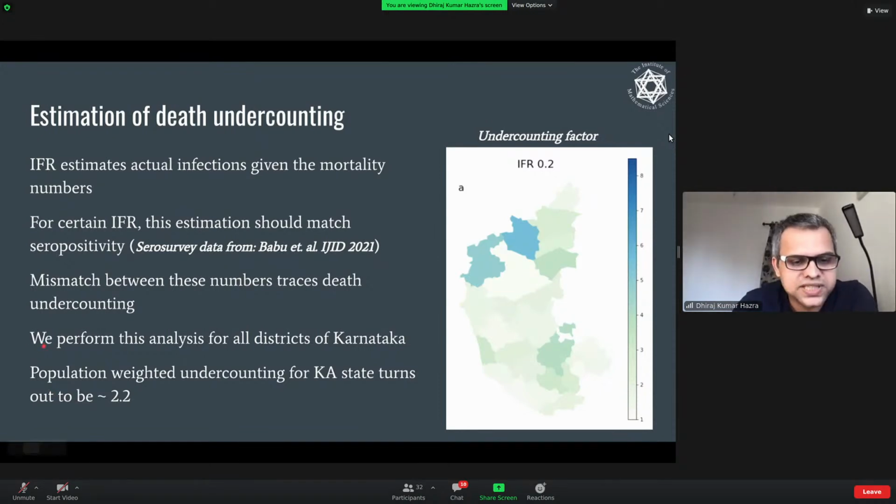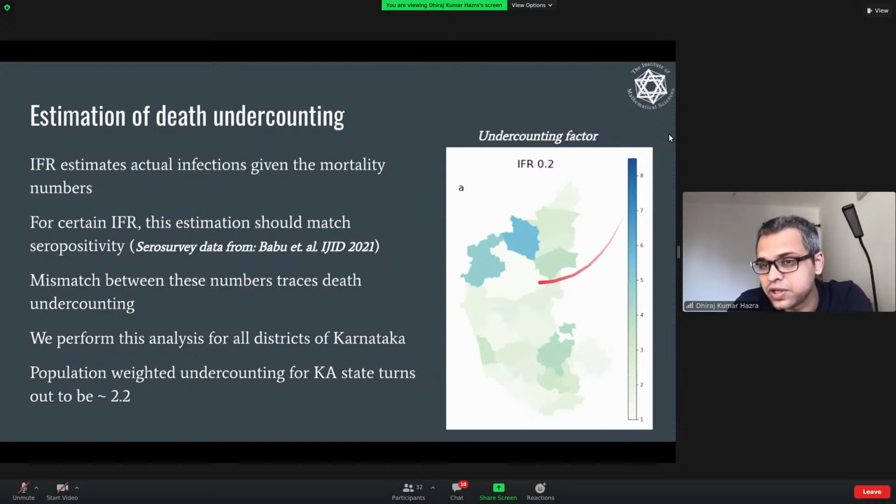Now we perform this analysis for all districts of Karnataka, and we plot the death undercounting factor from our analysis in this colored plot. This color represents how much death undercounting is done in different districts.